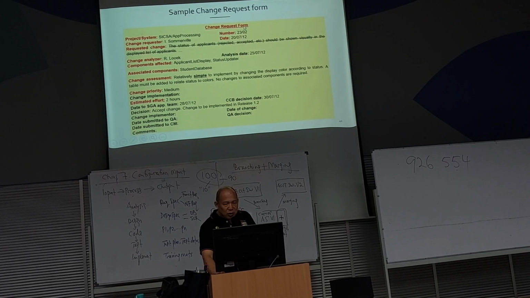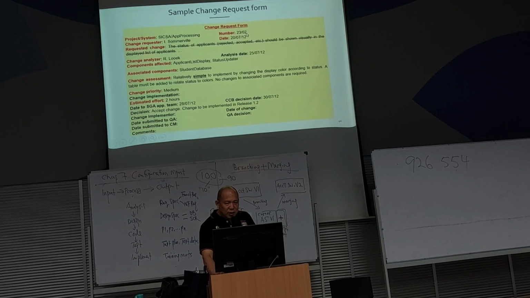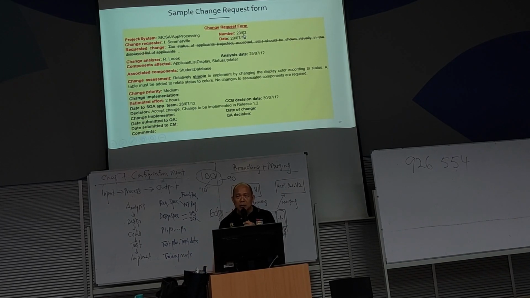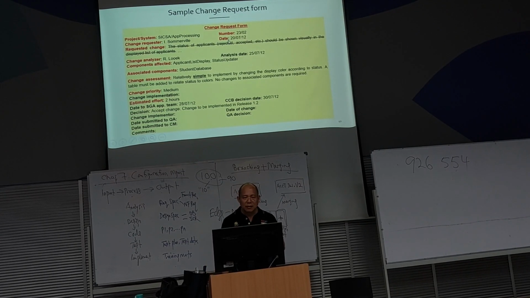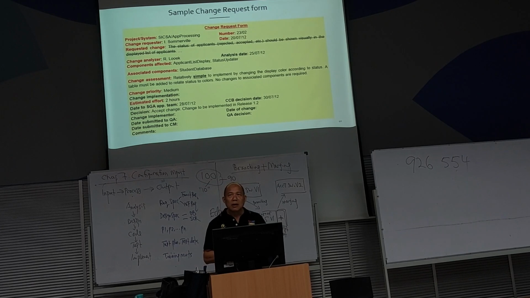This is the change request form number, made of the year and the running number, and the date you receive the change request. All software development companies will have this.